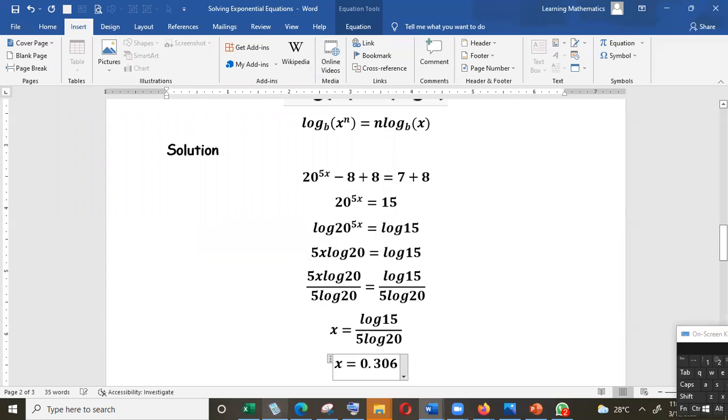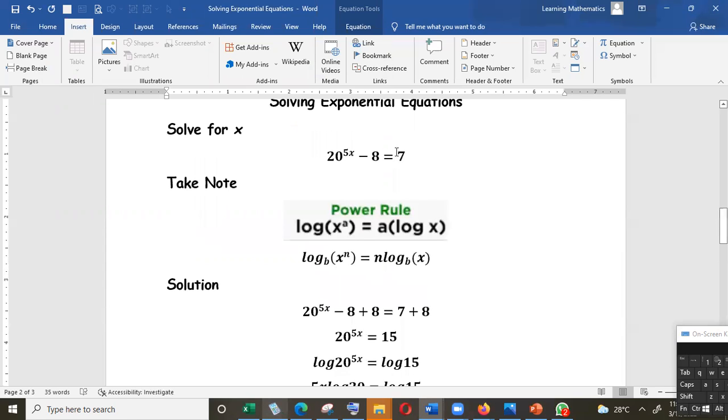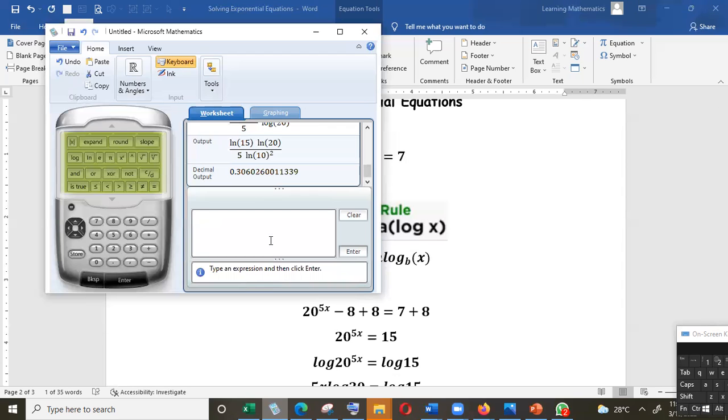If you want, you can even substitute 0.306 into the original equation, just to prove your answer. Let's see if we get 7. So 20 raised to the 5 times 0.306.